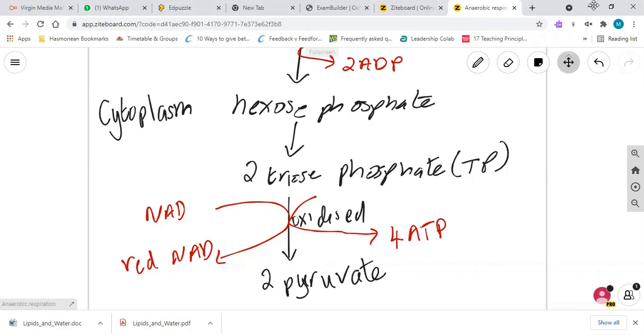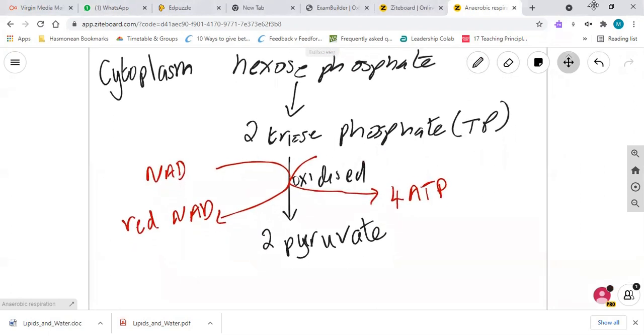So the problem that organisms have is in aerobic respiration, they will take pyruvate onto the link and the Krebs in order to produce reduced NADs and reduced FADs, which will then go on to oxidative phosphorylation in order to produce ATP.